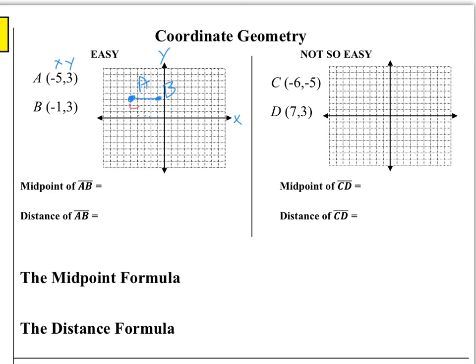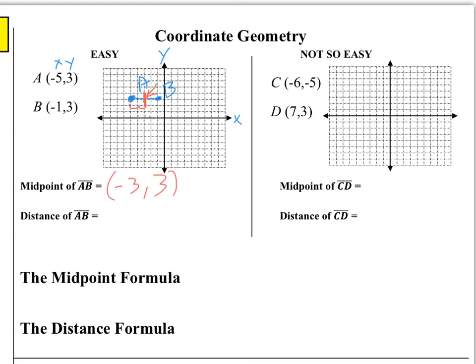So we've got 1, 2, this is going to be the middle of that line segment. So the midpoint of AB, well, that point is going to be right there. And that point is negative 3, 3. So that's pretty straightforward and easy to find.